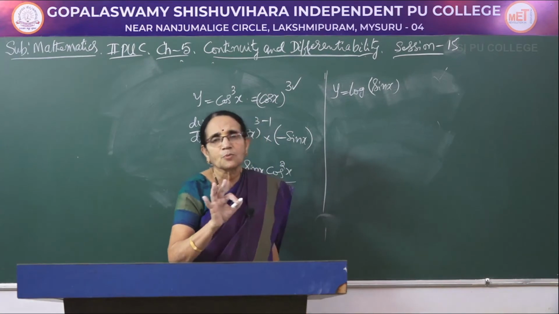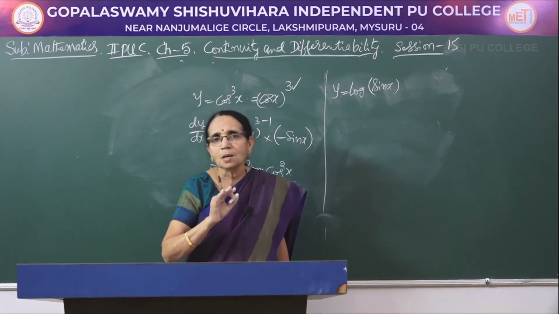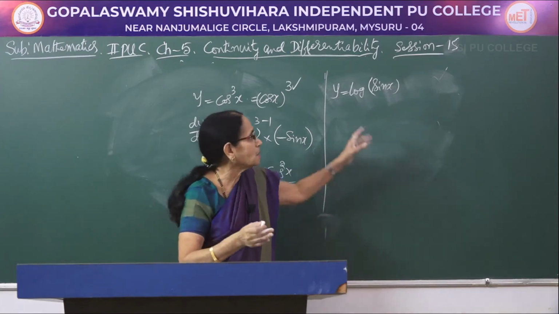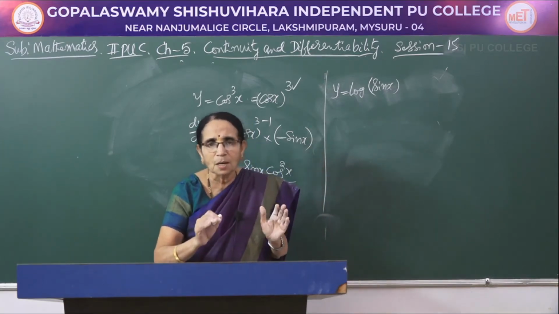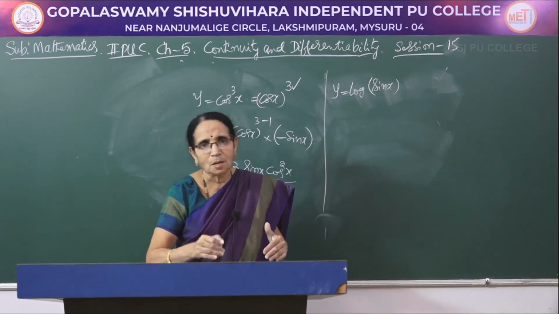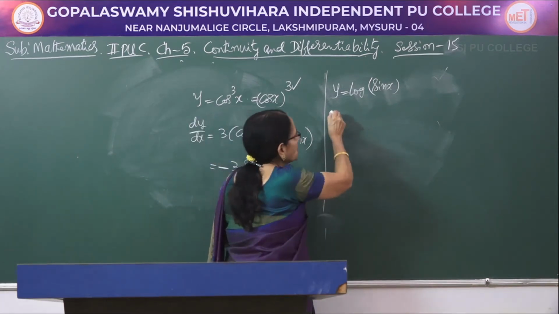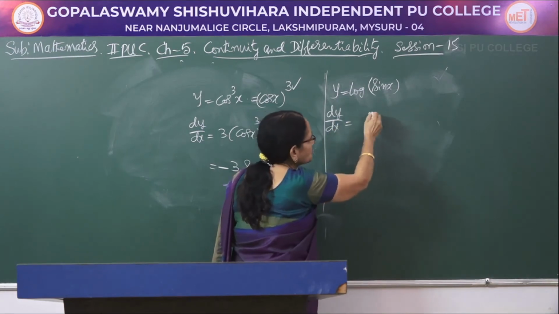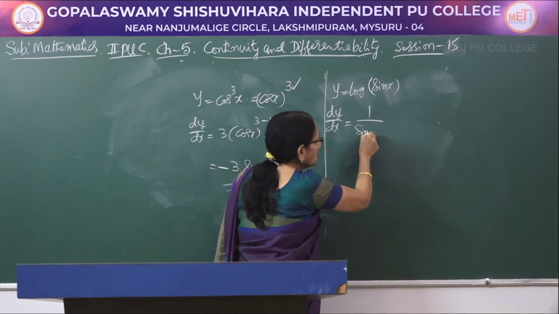Now come to the basic formula of log x. What is the derivative of log x? 1 by x. Here instead of x I am having sin x. So, log of something is 1 by something irrespective of the function. Therefore, when you differentiate with respect to x, log of sin x becomes 1 by sin x.